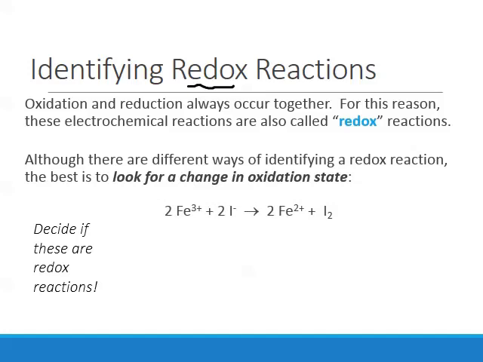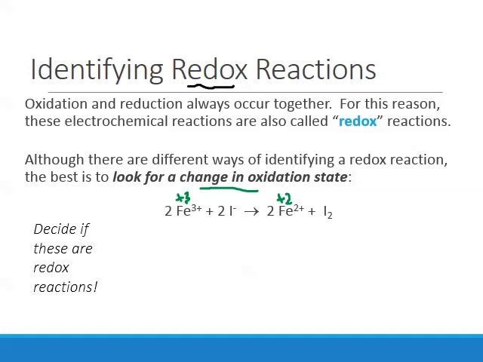So in this first one, we've got iron 3 plus reacting with iodide ions, forming iron 2 plus and iodine. Is this a redox reaction? Well, if we look for a change in oxidation state, we see that the iron on the left is positive 3, and the iron, the corresponding atom on the right, is only positive 2.